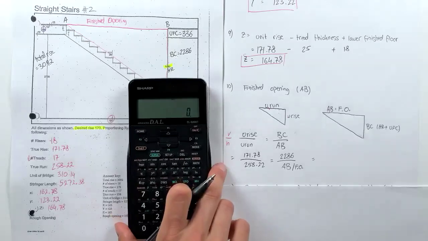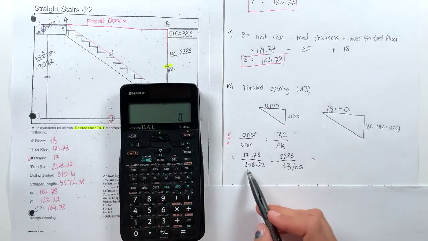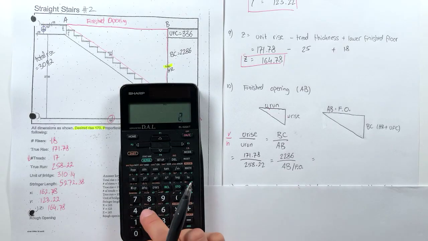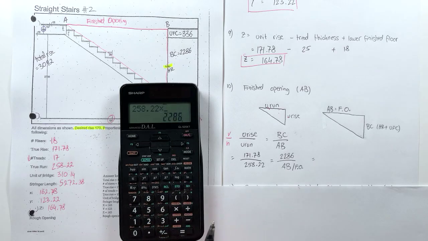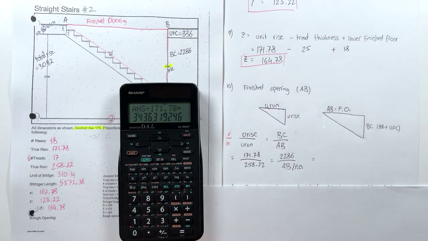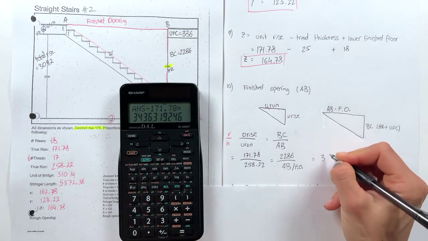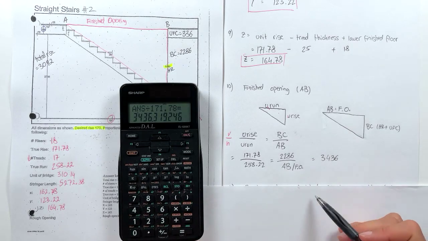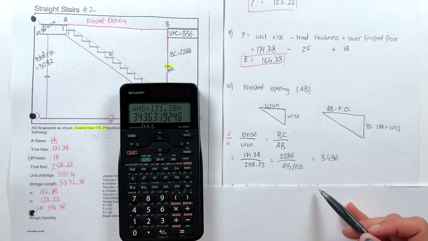So now we can punch it into the calculator. Cross multiply and divide, right? Like regular. 258.22 times 2286 equals, don't really care about this number, divide it by 171.78 gets us 3436. It's probably the only number that I don't give decimals to because, well, we're talking about 3.4 meters.